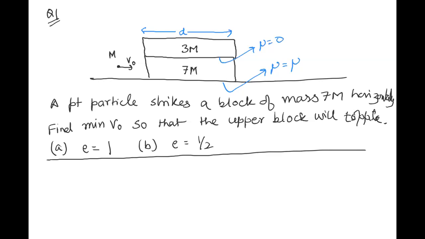When you keep your pen on the edge of the table, how should you keep your pen so that it does not fall? What is the condition? More than half of it should be toward the inside.